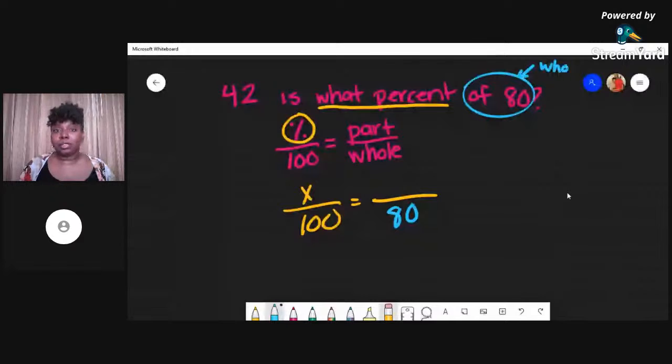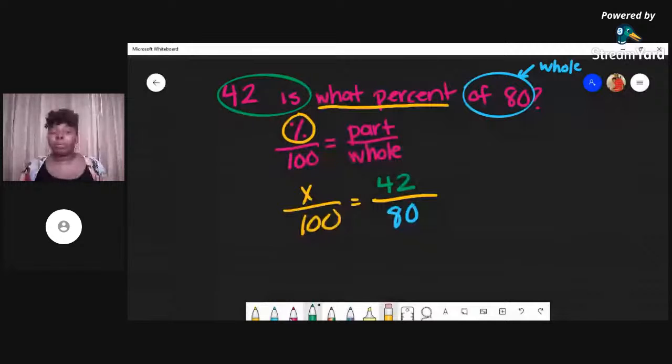And what's our part? Because I'm taking some piece of 80 and I get what? 42. Excellent. Okay. Now, do you remember how to solve it when we have a proportion? What do we do at this point? Cross multiply. Excellent.